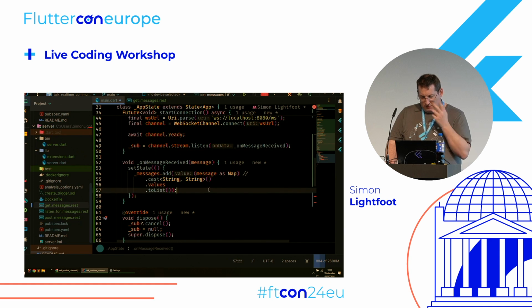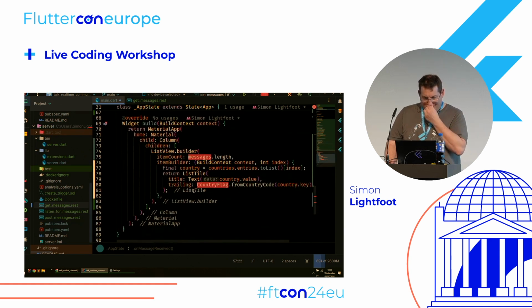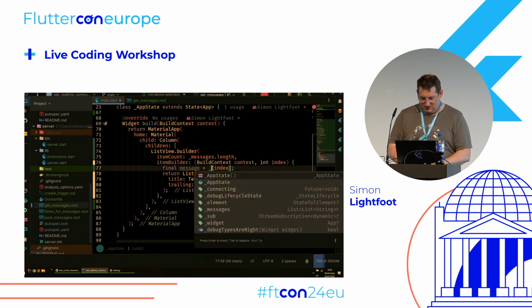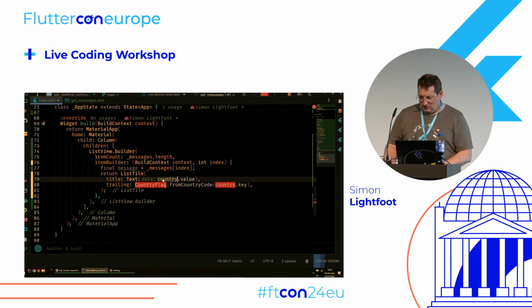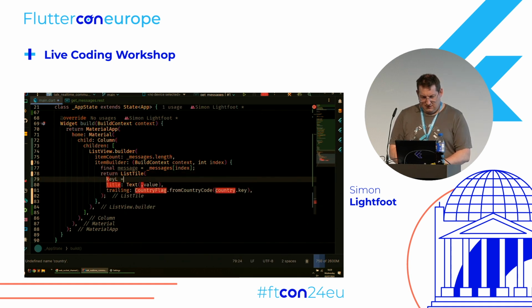Cool. So, all right. So, message received, adds it to message, set state, rebuilds the UI, messages. Underscore messages for each message. We're going to get that message. Messages. And then we're going to, I guess, key this off the ID, which, because we're just doing an array of arrays, is going to be a key off of message 0.